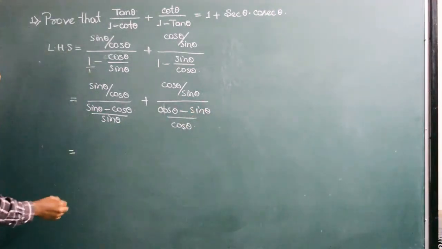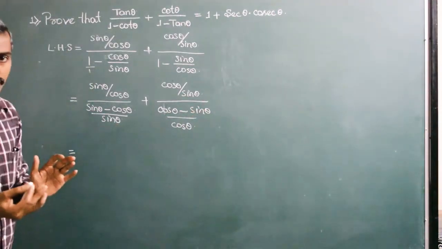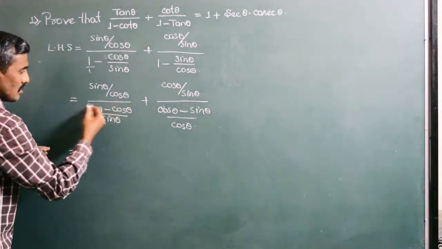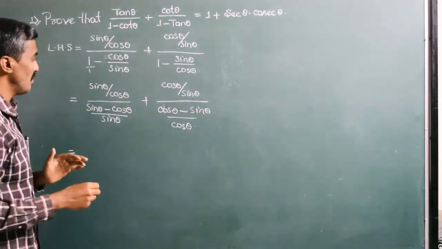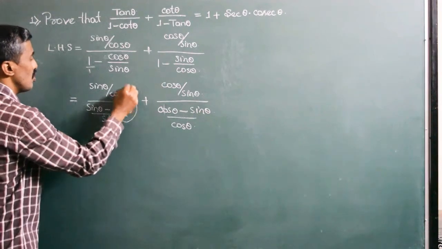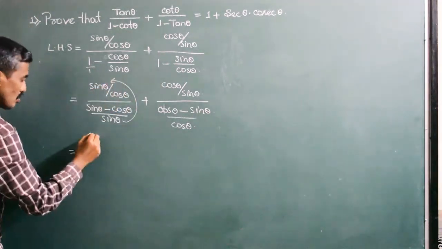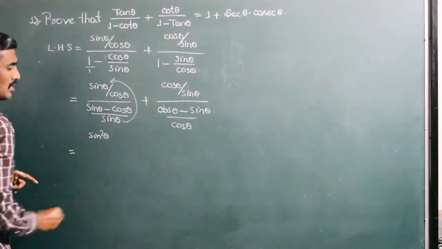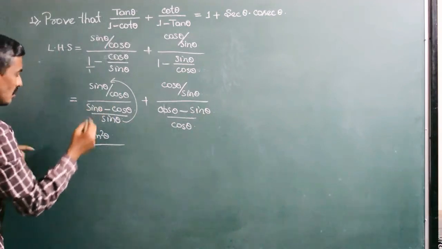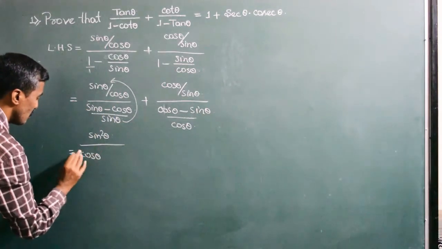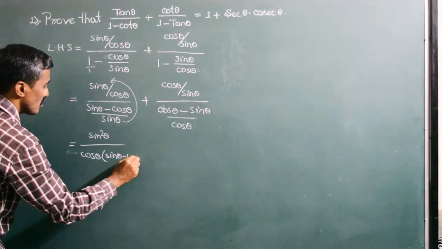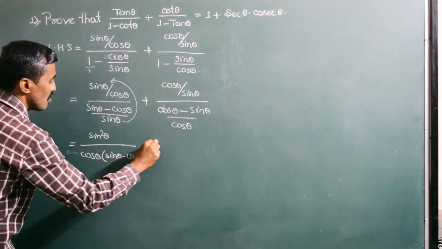The next step, we know how to divide fractions. When you change the divide sign into a multiplication sign, the divisor becomes its reciprocal. Therefore this sin theta goes to the numerator, so we get sin square theta, and this cos theta comes to the denominator, so it becomes cos theta into sin theta minus cos theta, plus.